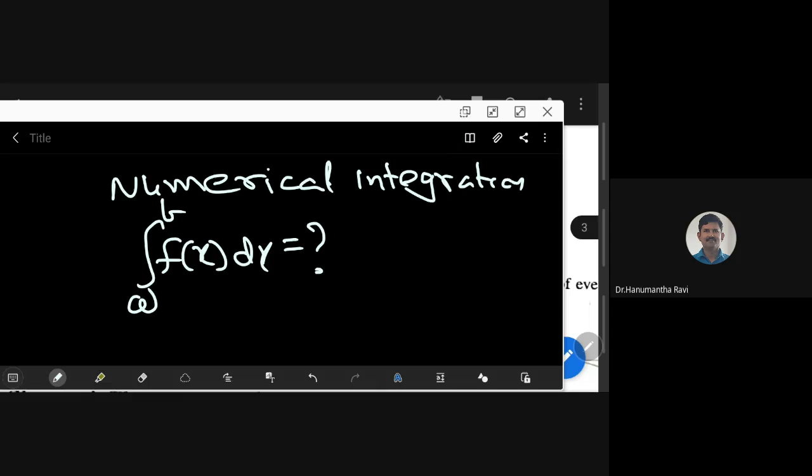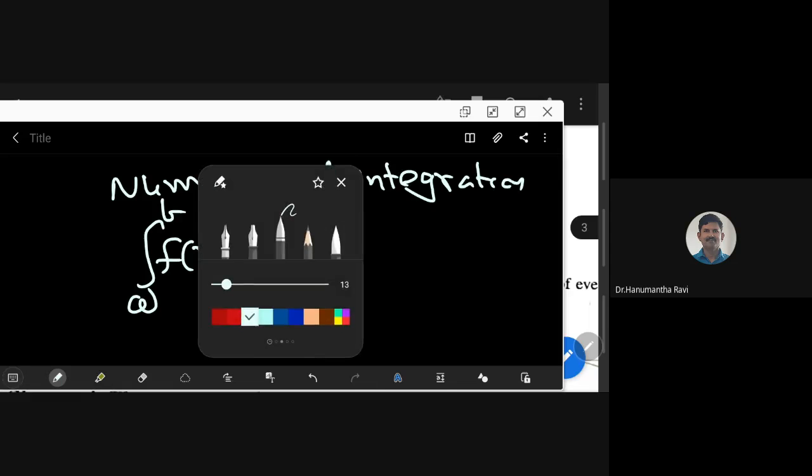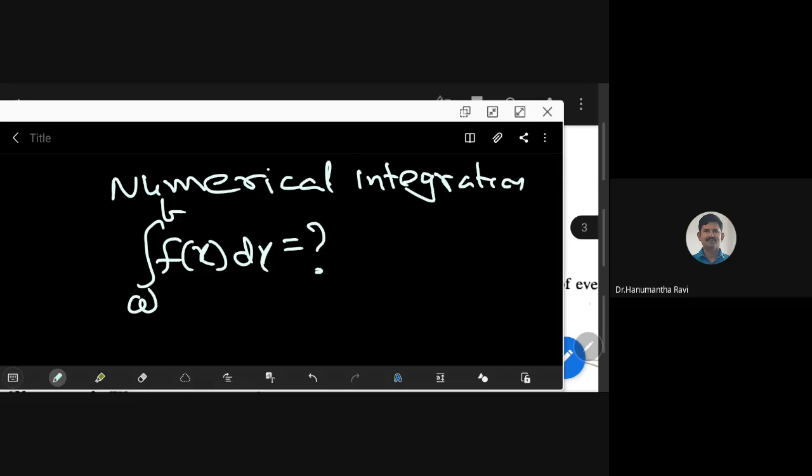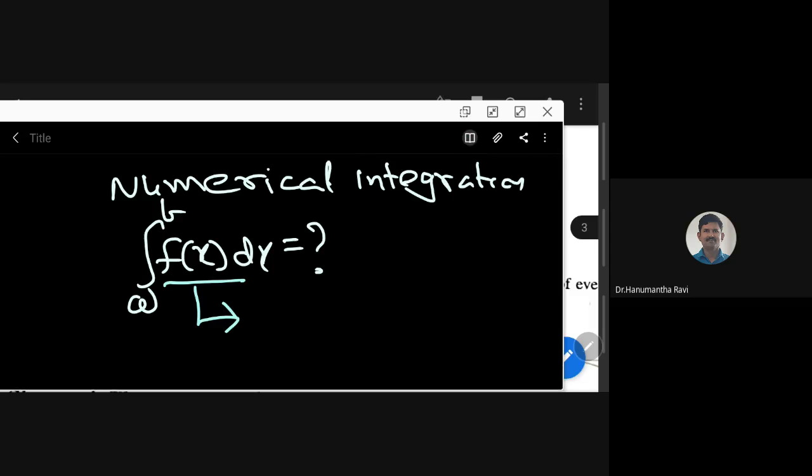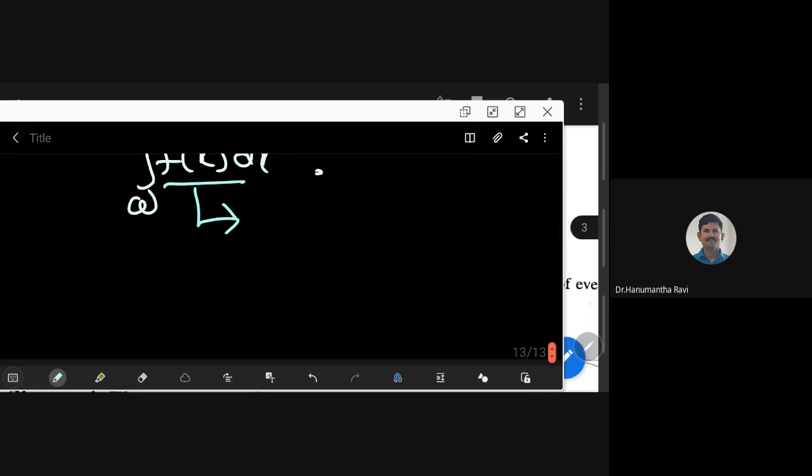This f of x they will give in the form of a table. What do we mean by a table? You have x0, x1, x2, up to xn.